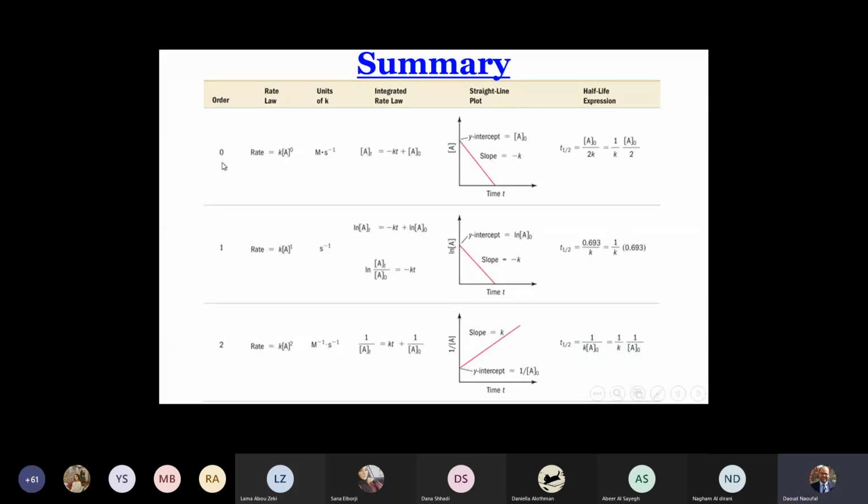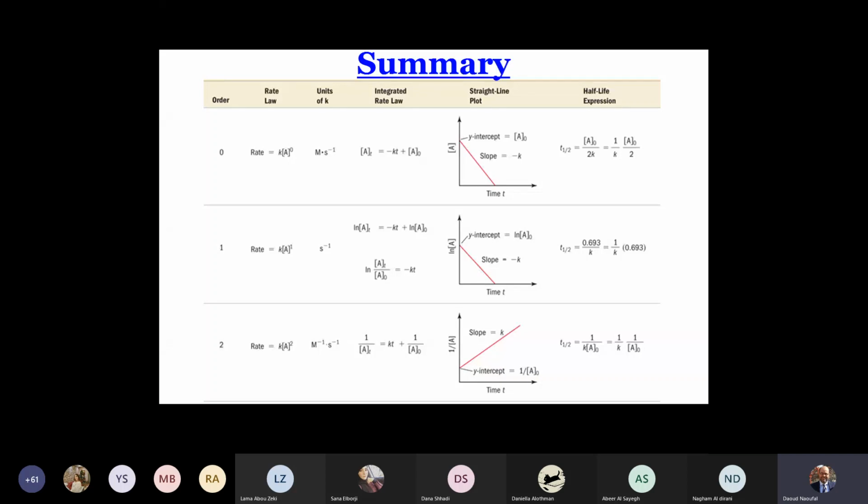So now we have three relations of t-half according to the order. For order 0, t-half is equal to A0 divided by 2K. For order 1, t-half is independent of the initial concentration, equal to ln 2 over K, equals 0.693 divided by K. For a reaction of order 2, t-half is inversely proportional to the initial concentration, equal to 1 over K A0. So in your experiments for the same reaction, you can find t-half in each experiment.